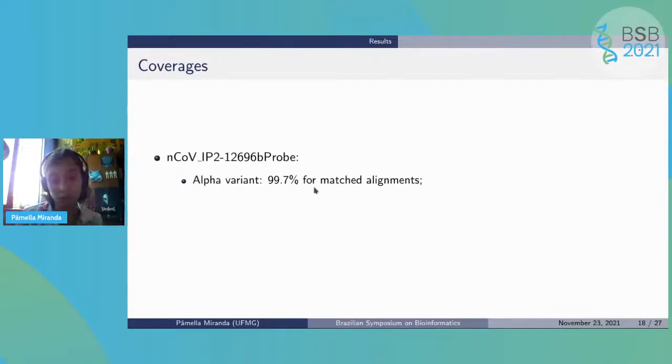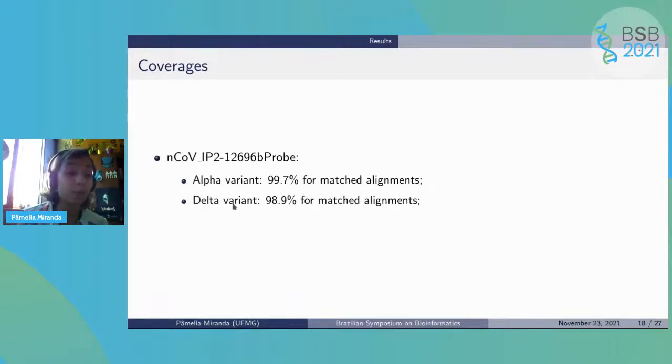When we look at the coverage for matched alignments regarding the alpha variant, we achieved 99.7%. When we look at the same coverage, but in regards to the delta variant, the coverage drops slightly to 98.9%.